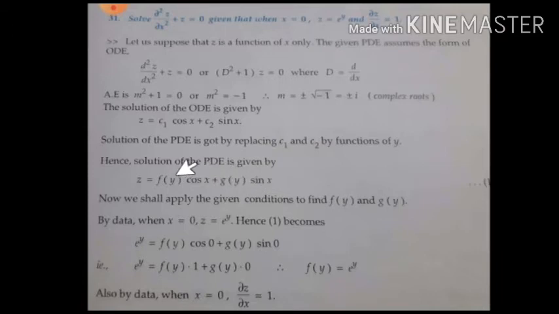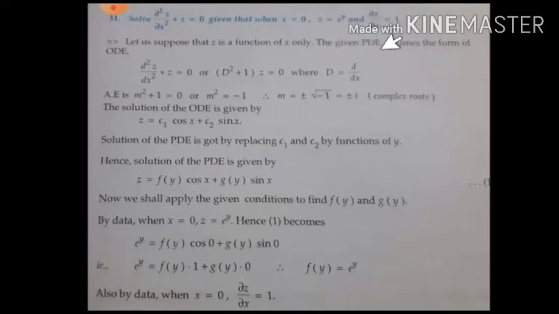Now, to find the functions f of y and g of y, they have given these conditions. When x is 0, z is e to the power of y is one condition. And when x is 0, dou z by dou x is equal to 1 is the second condition. So, two conditions they have given.